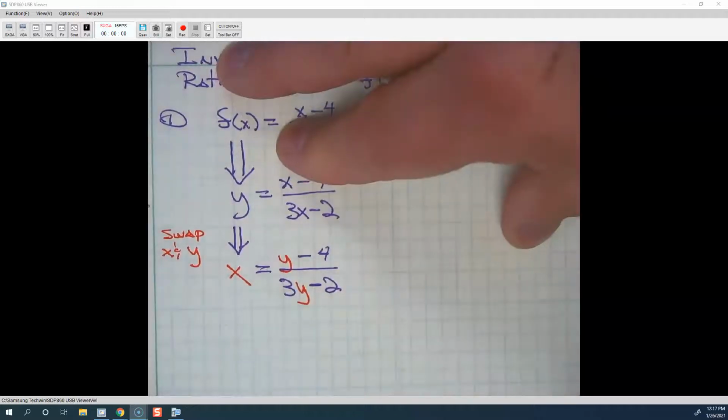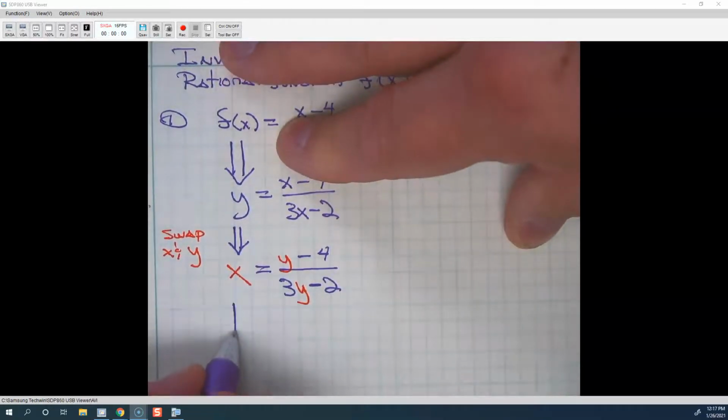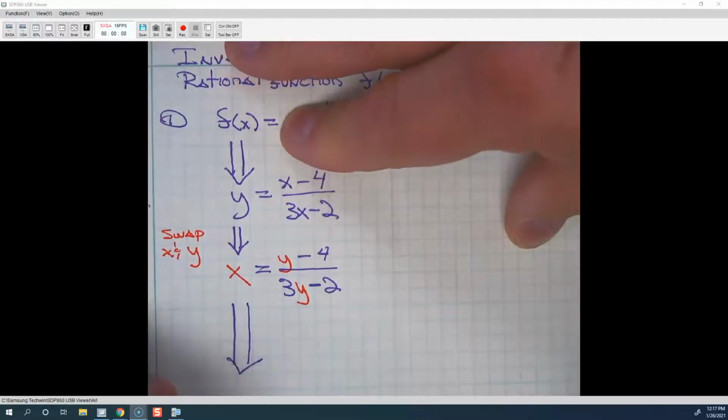Okay, now the last part, which takes the most steps, is solve it for y.